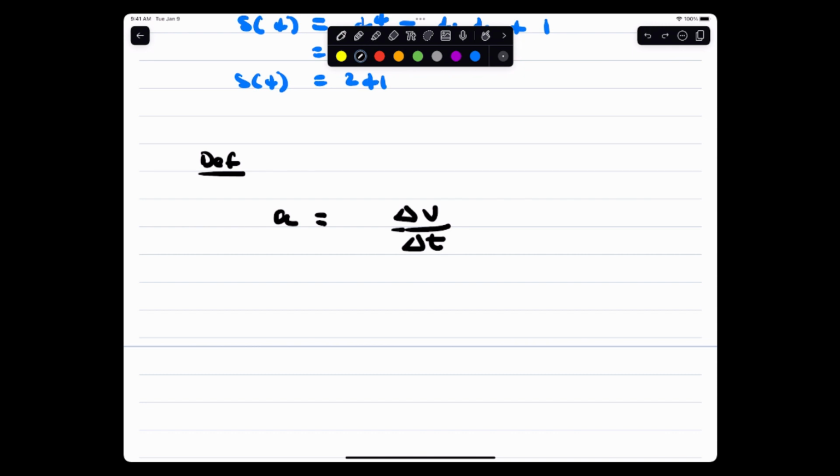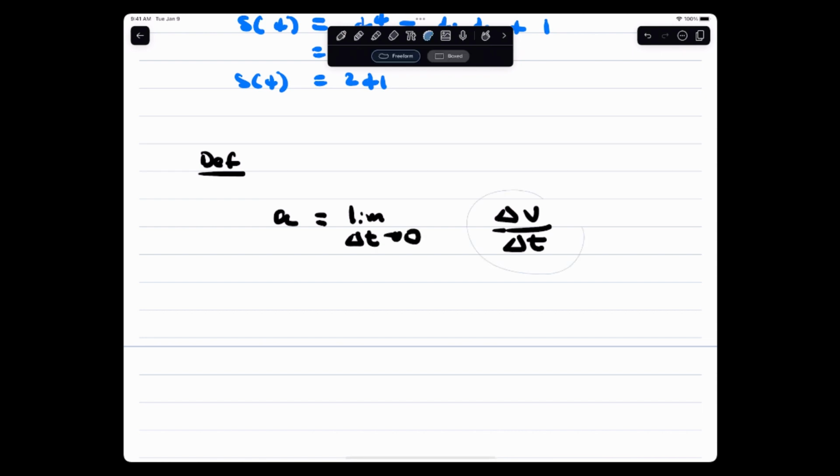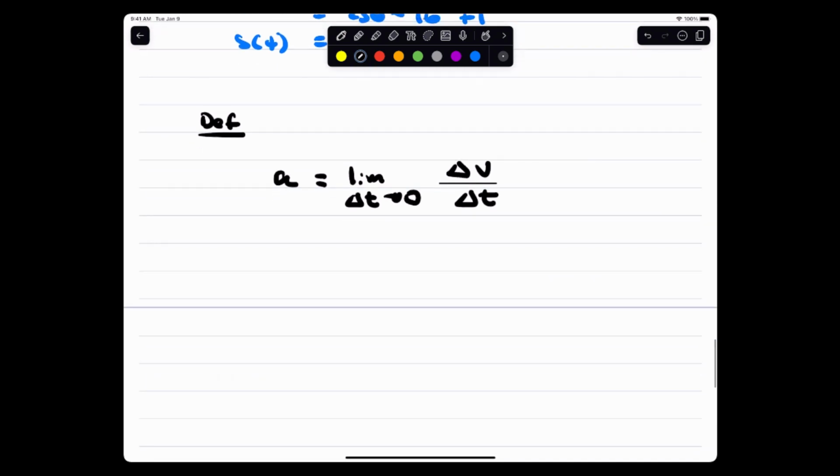So let me move this out of the way. Okay, so the change in velocity over time is going to be your acceleration.